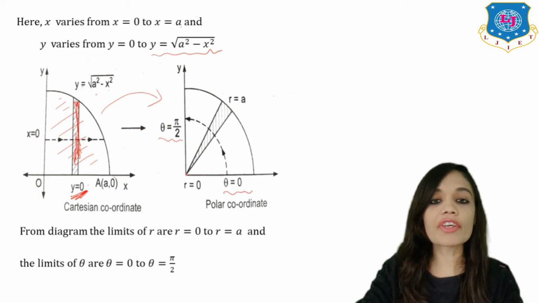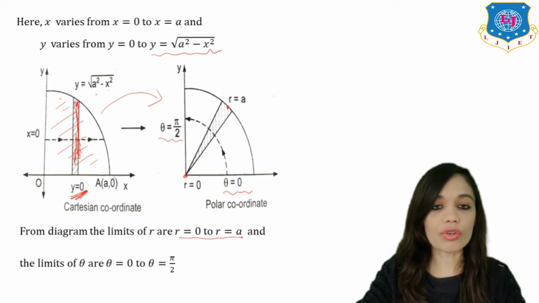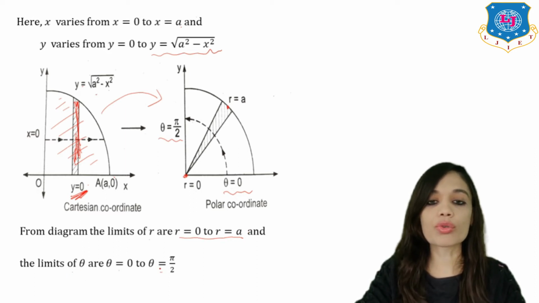And we have derived that r varies from 0 to r equals a. So from this diagram we can see that in polar coordinates the limits of r will be from r equals 0 to r equals a, and the limits of theta are 0 to pi by 2.